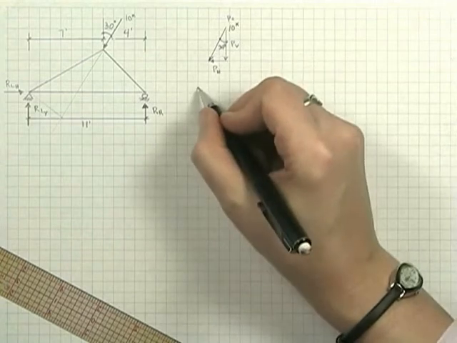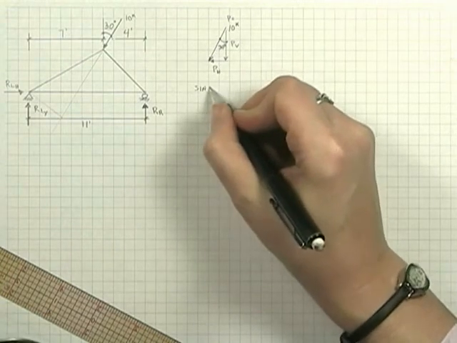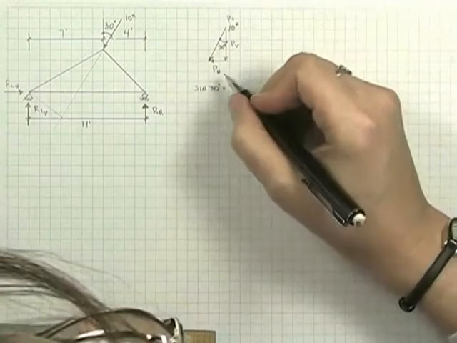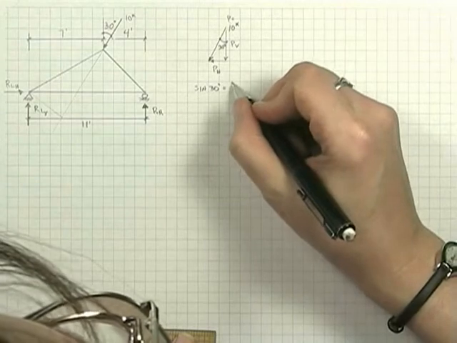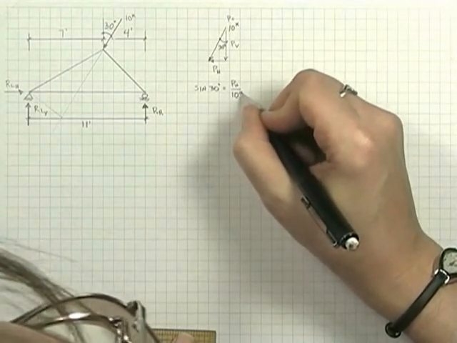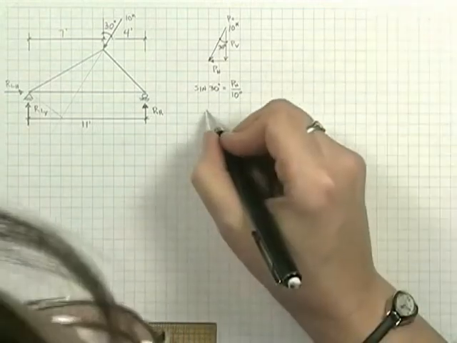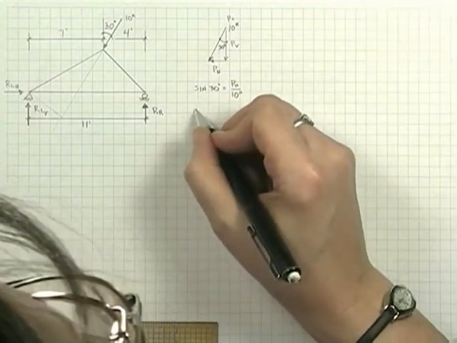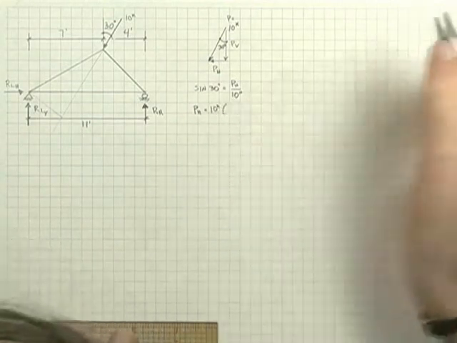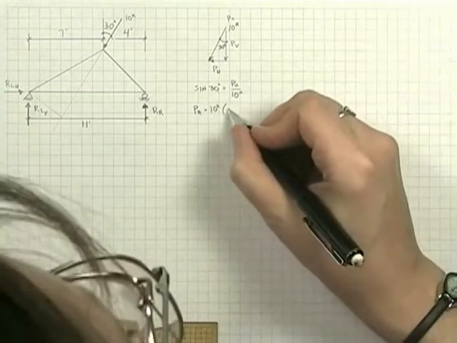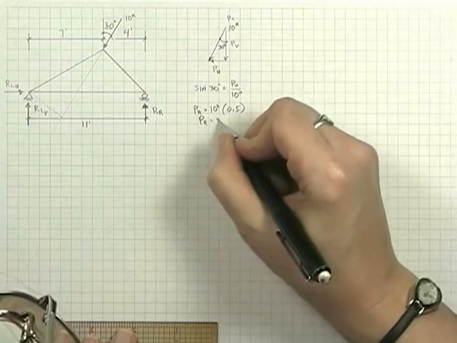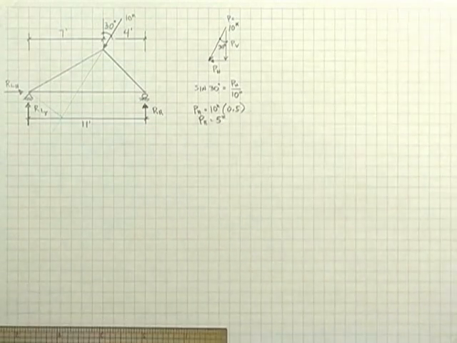Since we know the sine of 30 degrees is opposite over hypotenuse, we can say that P horizontal over 10 is the sine of that angle. So P horizontal equals 10 kips times the sine of 30 degrees, or 0.5. So the horizontal component is 5 kips.